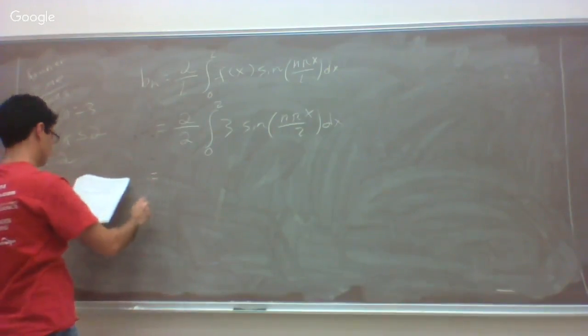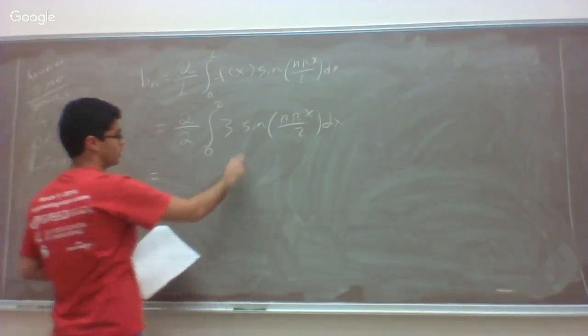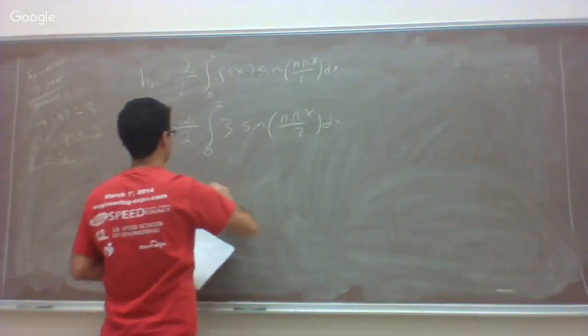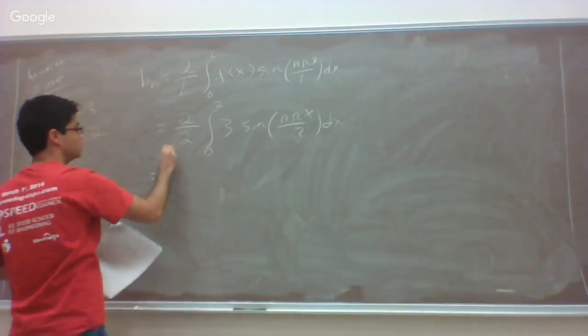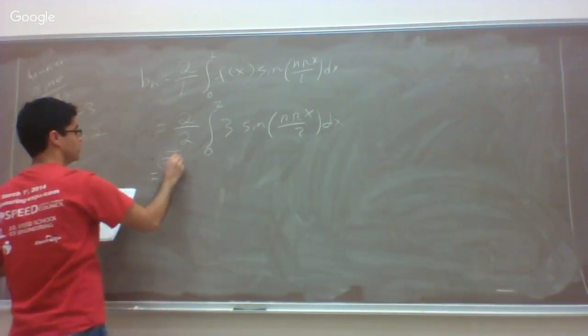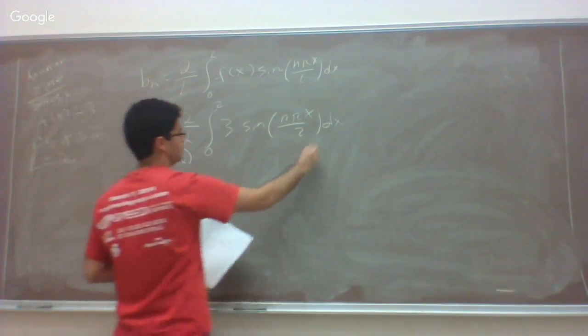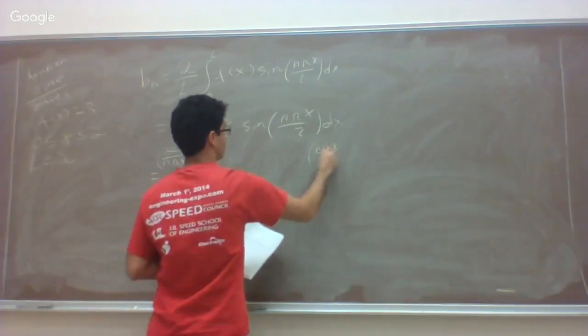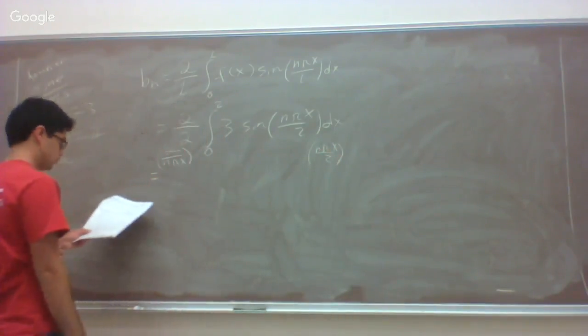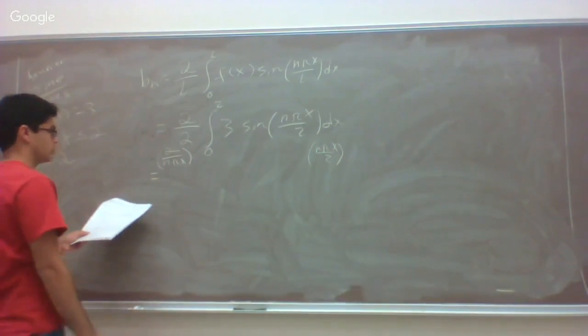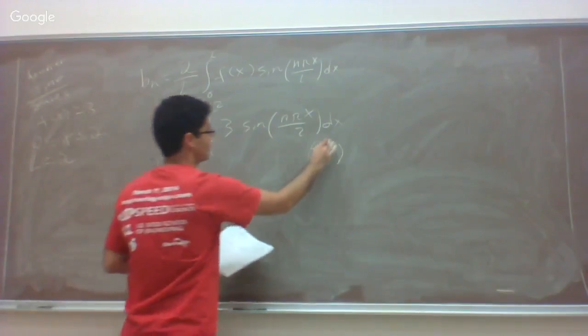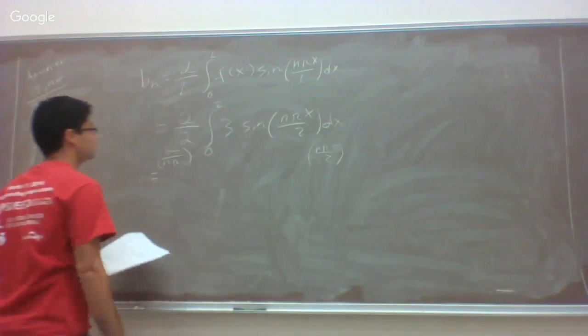If we take the integral of this, I have to multiply the outside by 2 over n pi, and inside by n pi x over 2.